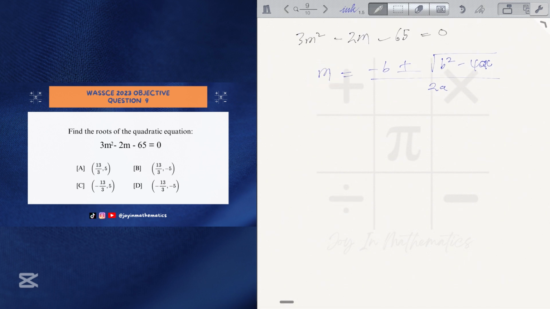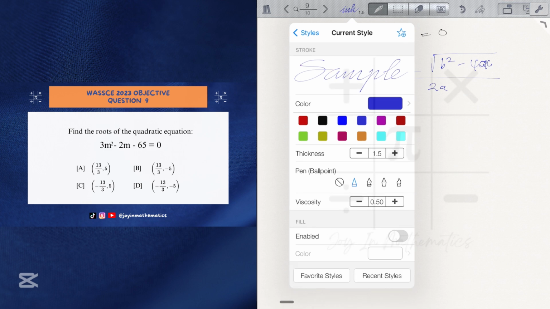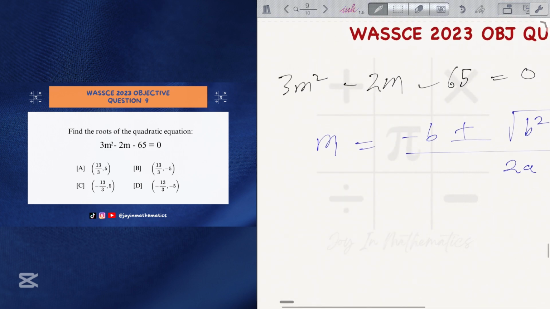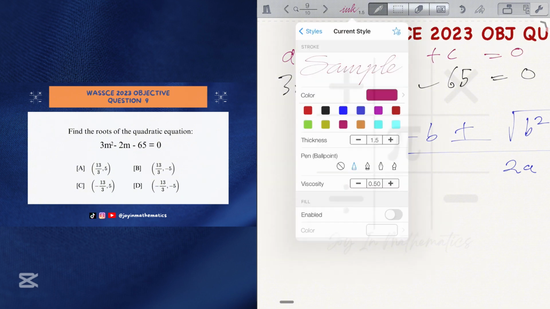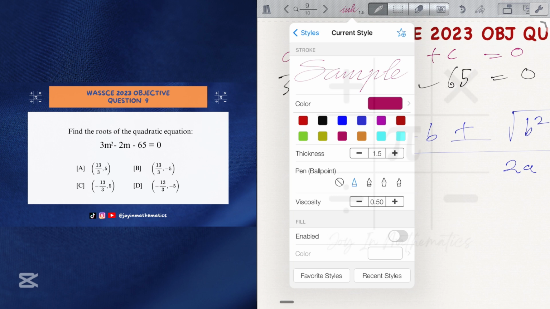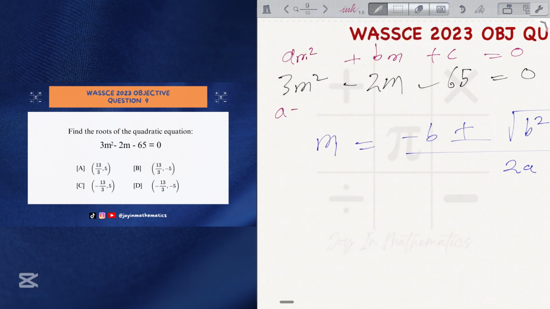To get our values of a, b, and c, we compare with am squared plus bm plus c equals 0. So in essence, a is equal to 3, b is equal to minus 2, and c is equal to minus 65.